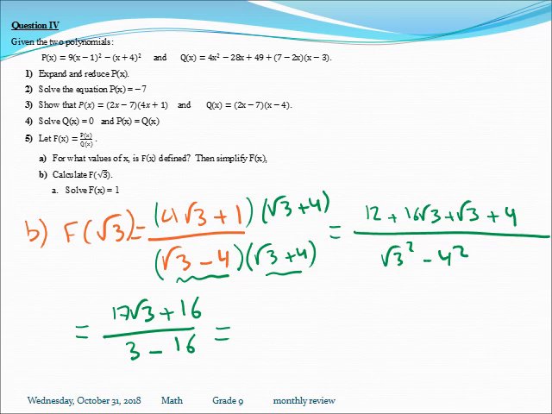So it equals 16 plus 17 radical 3 over minus 13.